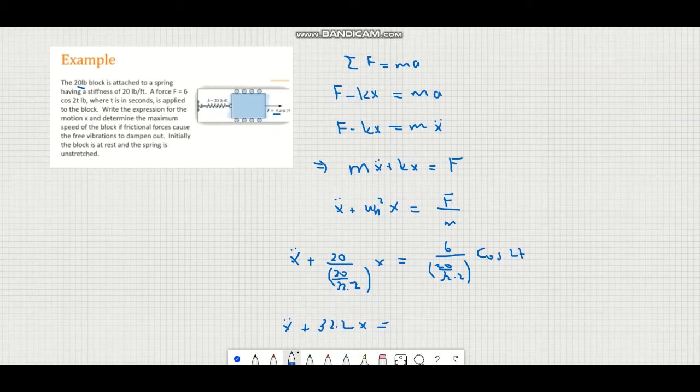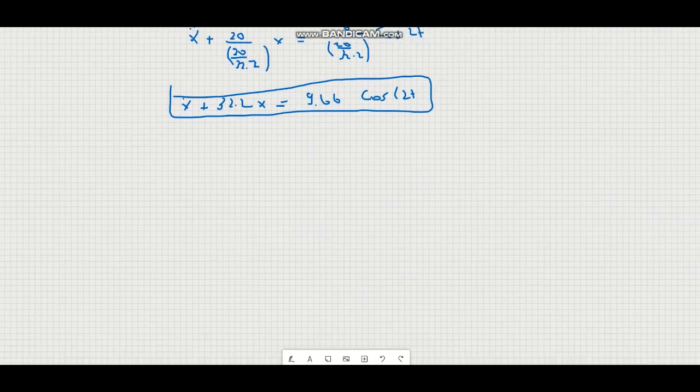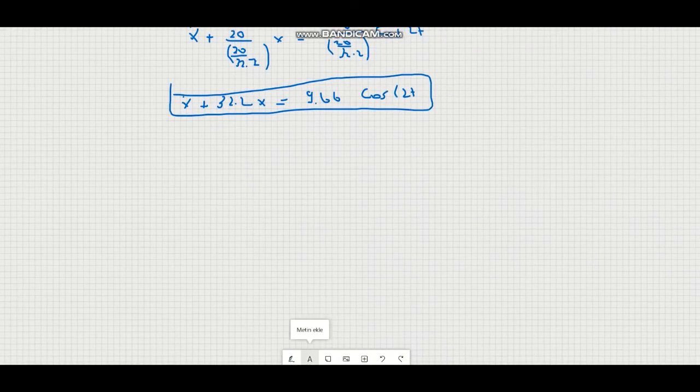When we divide it, it's going to be 9.66 cosine 2t. This is our non-homogeneous ordinary differential equation for forced vibration, right?